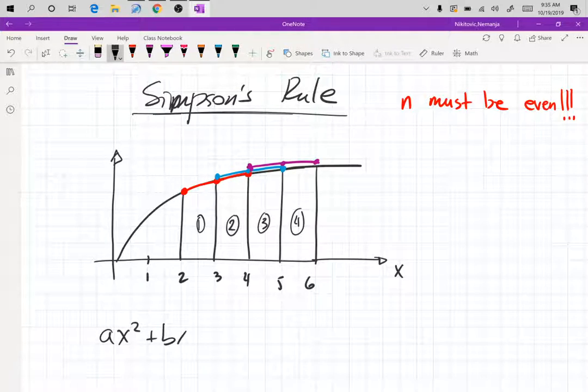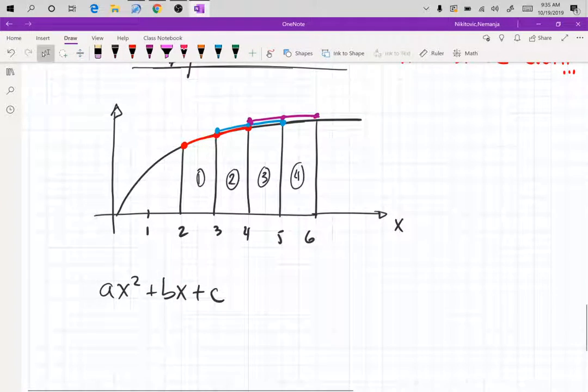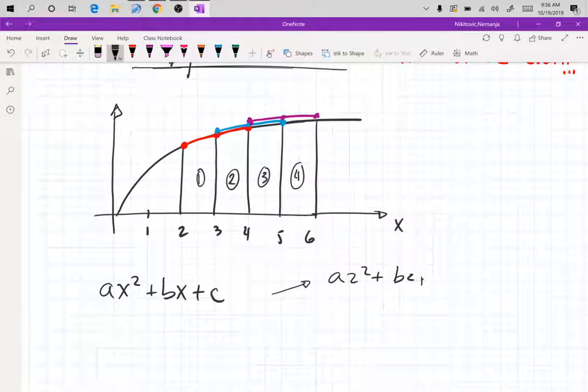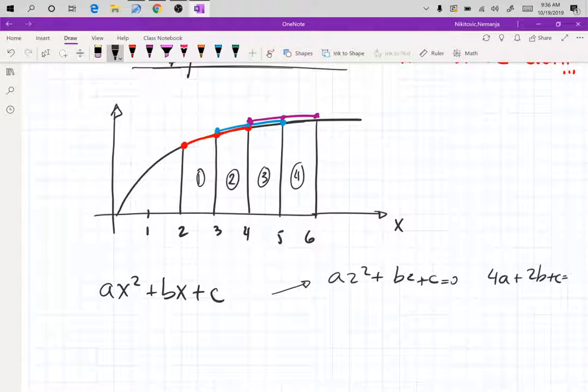ax squared plus bx plus c, right? So that's the parabola. And what you do is you say, I am going to fit the parabola through points 2, 3, and 4. So you will have a2 squared plus b2 plus c, and that gives you 4a plus 2b plus c equals 4.